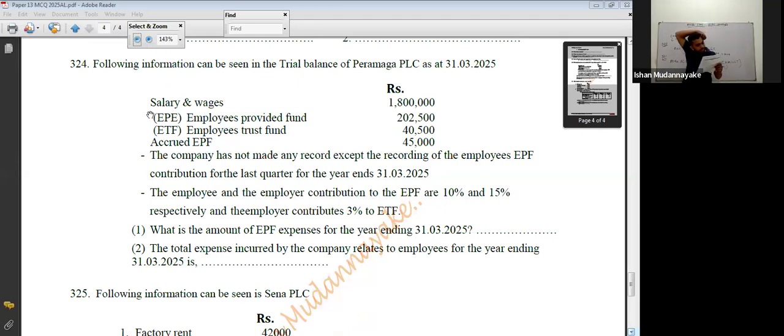Salaries and wages 1,800,000. EPF, employee provident fund, 200,500. ETF, employee trust fund, 40,500. Accrued EPF 45,000.